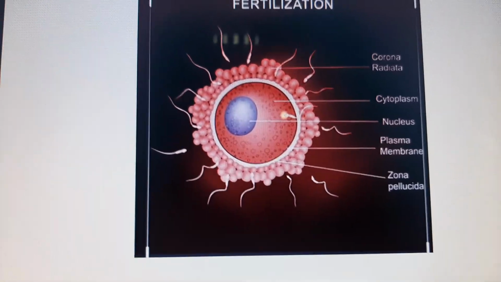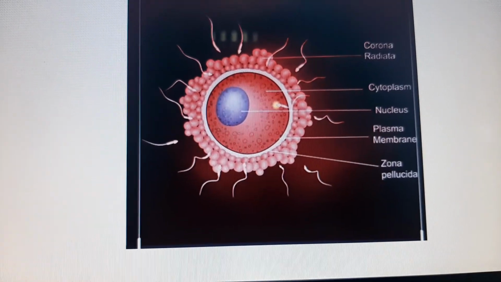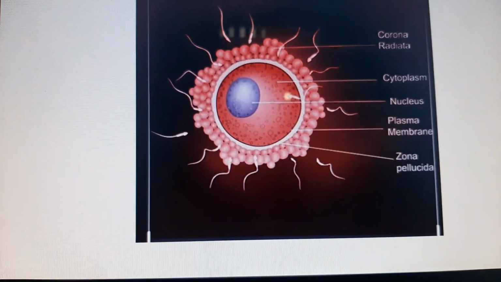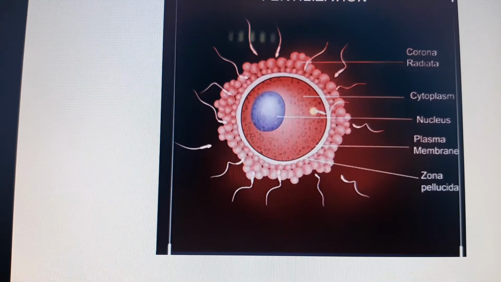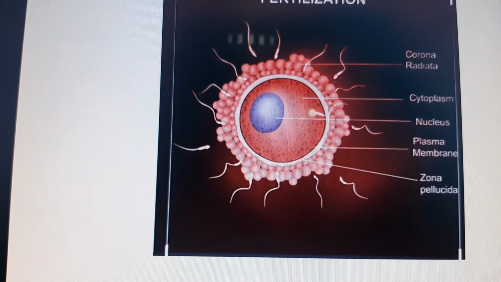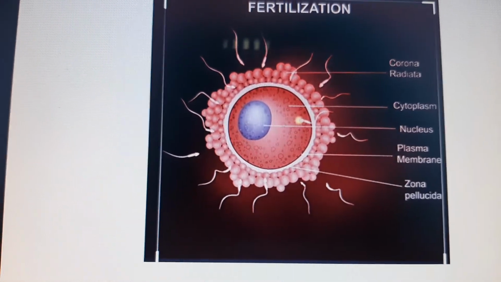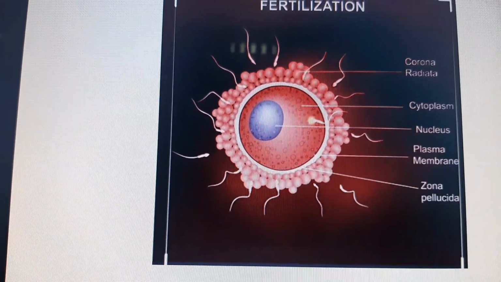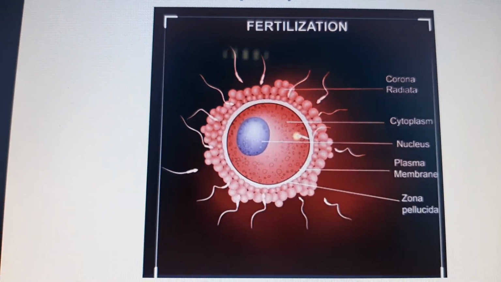Inner to this corona radiata is another layer, known as zona pellucida, and the innermost layer is the plasma membrane of the oocyte, also called the vitelline membrane. Between the vitelline membrane and the zona pellucida you can see a white space, known as perivitelline space.